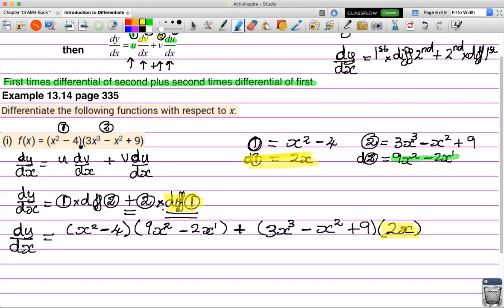Now, you would probably be expected in your textbooks to sadly multiply that out and tidy it up. Such is life.